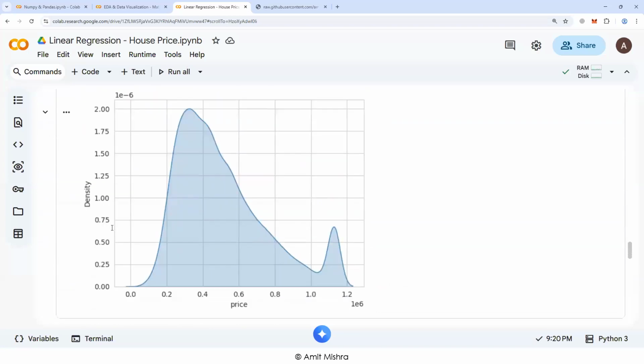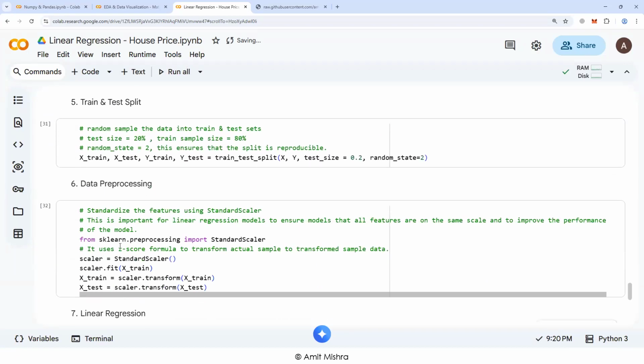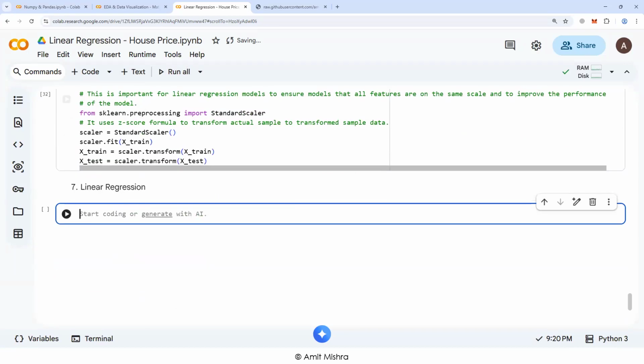I have shown you some of the highly refined techniques used in the industry: how you prepare the data, how to handle the missing data, how to handle the outliers. We have learned how to make your target normally distributed.